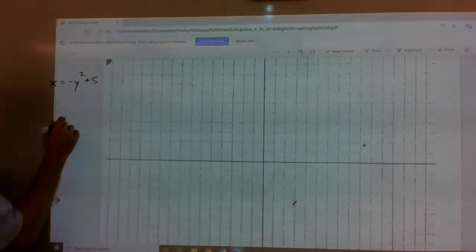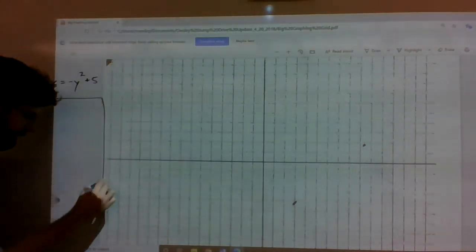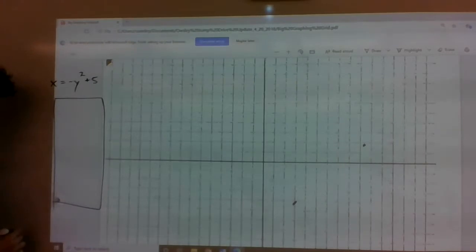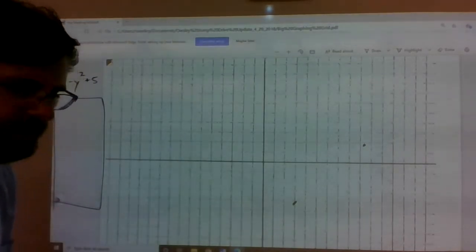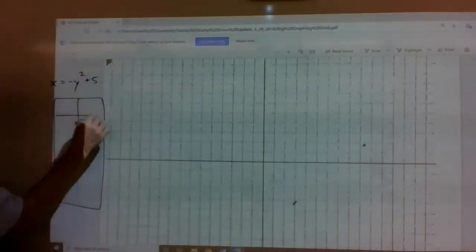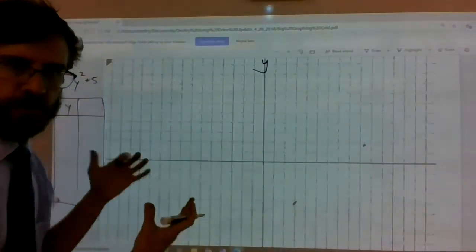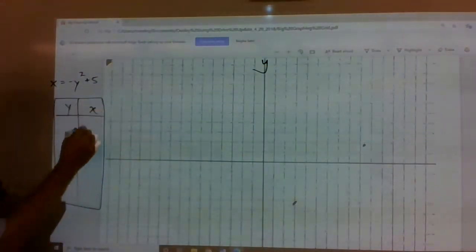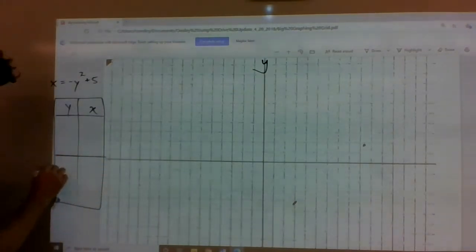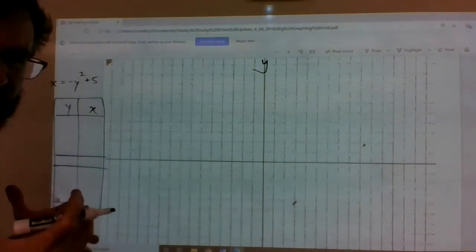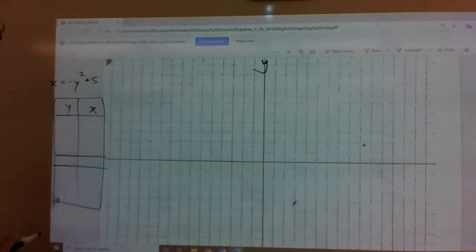If x is by itself, I'm going to rewrite my table. This isn't a standard thing to do usually. I'm going to put the y value in the left spot. Up and down is still the y-axis. I'm just going to look at it this way so that there's no plug-in confusion. Again, I'm going to go to 0 to be my start. 0 squared is 0.